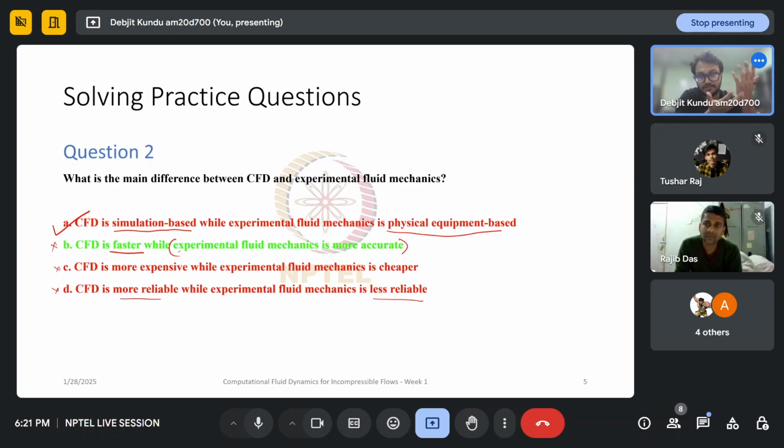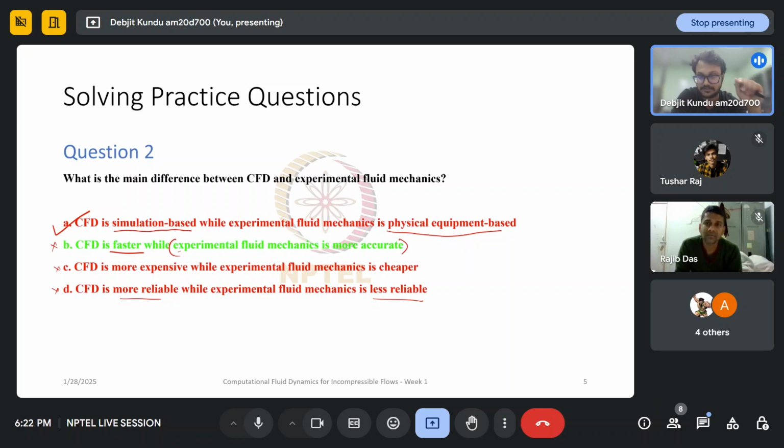Whereas experiments show us what reality is. Often in CFD practice, you'll see that there is a very important need for validation of a CFD tool, whichever you're using. So you perform a simulation using CFD, for which there are benchmark experimental cases, and you show that these two are matching. Then only people will start believing the results that you further generate using your CFD tool.